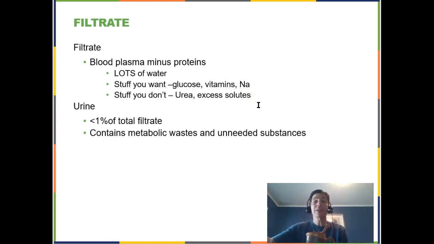So what your kidneys have to do is then sort through everything that's in the filtrate, take all the stuff that you do want and pump it back into the bloodstream, and then leave all the stuff that you don't want in the filtrate so that that ends up being excreted. So what actually comes out of your kidneys represents about 1% of what leaks out of your glomerulus.